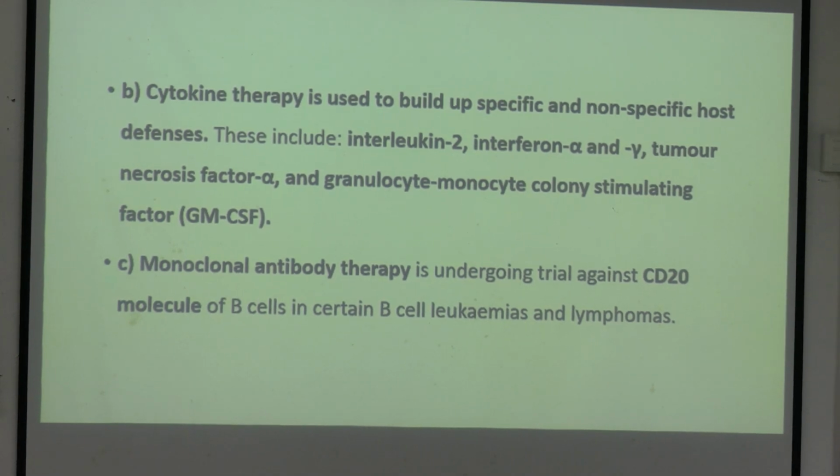One of the medicines is rituximab, which is against this CD20 molecule, and it is given in some B-cell leukemia and B-cell lymphoma patients. It is called monoclonal antibody therapy.